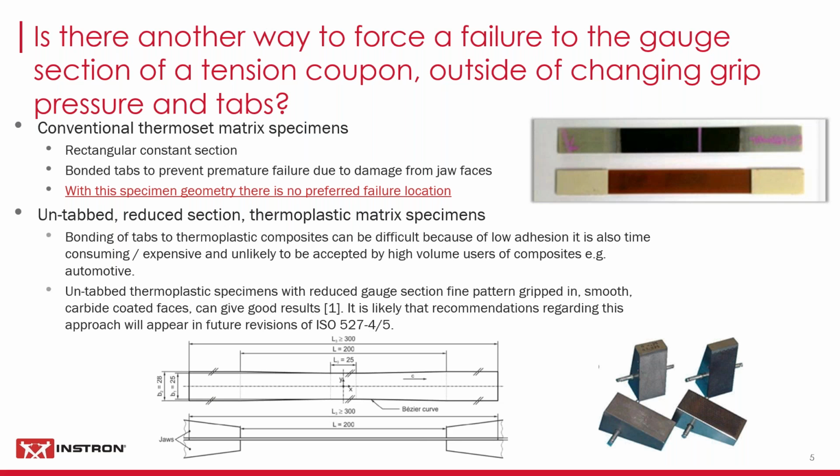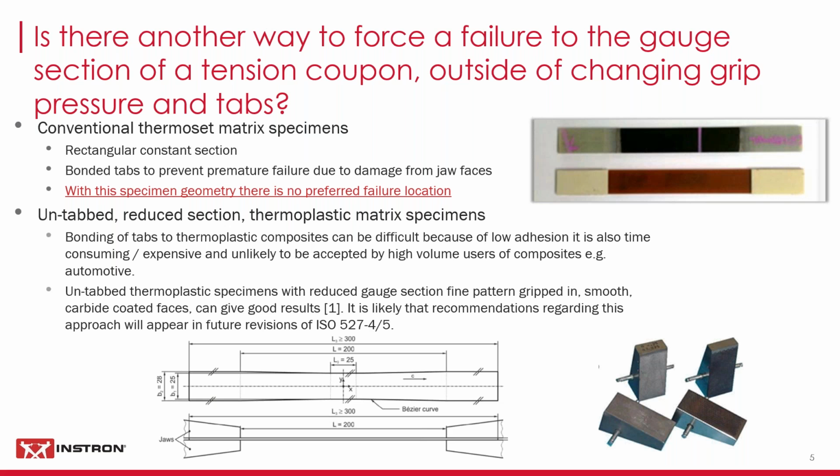They would like to move away from tabs because tabs are difficult to bond to thermoplastic matrix materials. Think of polypropylene as a matrix. It's very hard to bond to, for instance. Also, the expense and time of tabbing specimens is really not something that people in high volume industries like automotive want to get involved in.